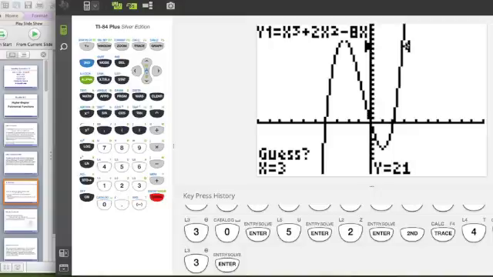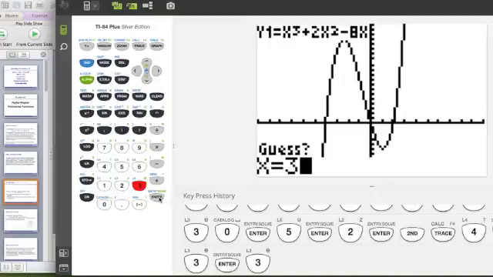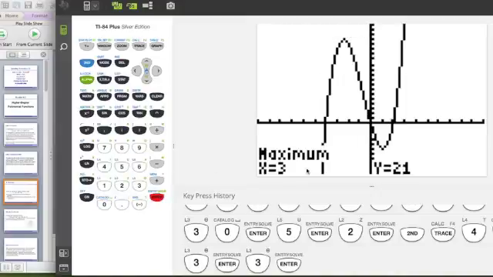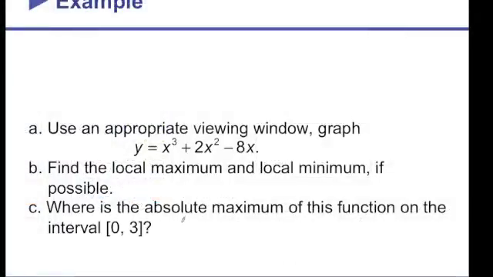It's right here, given this boundary. We're going to guess 3, and it is at 3, 21. It was bracketed, so we remember that that will be the point. Our absolute maximum between 0 and 3 will be at 3, 21.